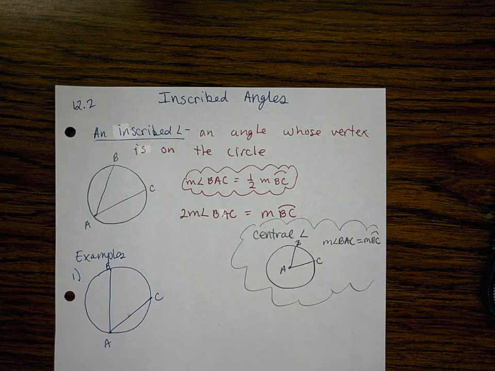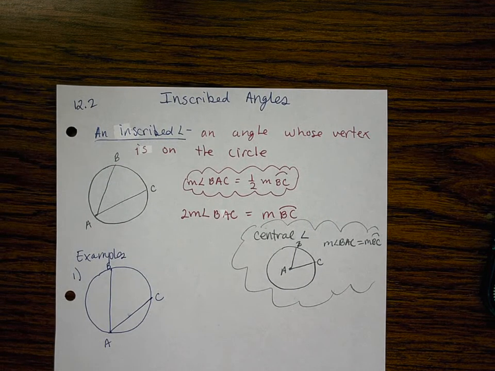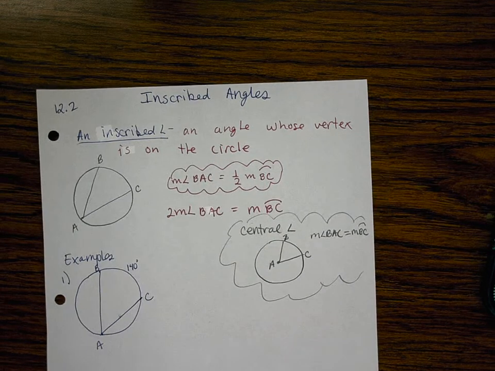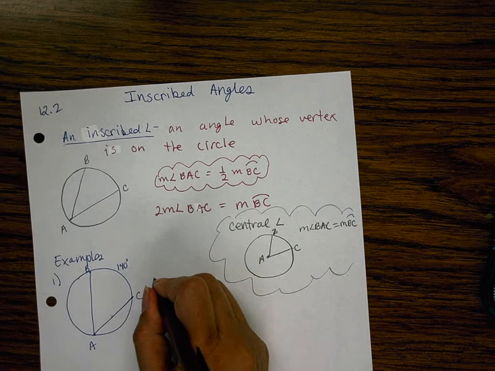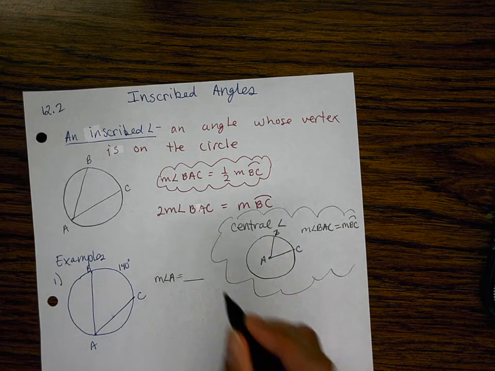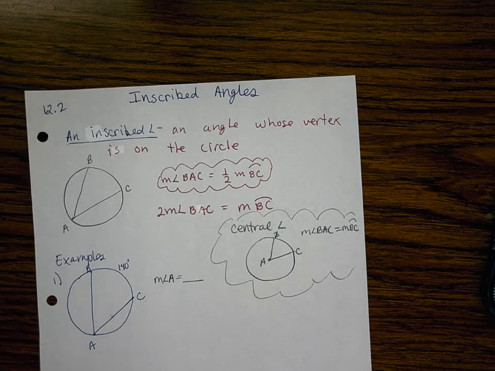That's not diameters or radius or anything like that. It's just two chords. All right. I'm going to give you that this out here is 140 degrees. And what I want you to find is the measure of angle A. The measure of angle A equals what?